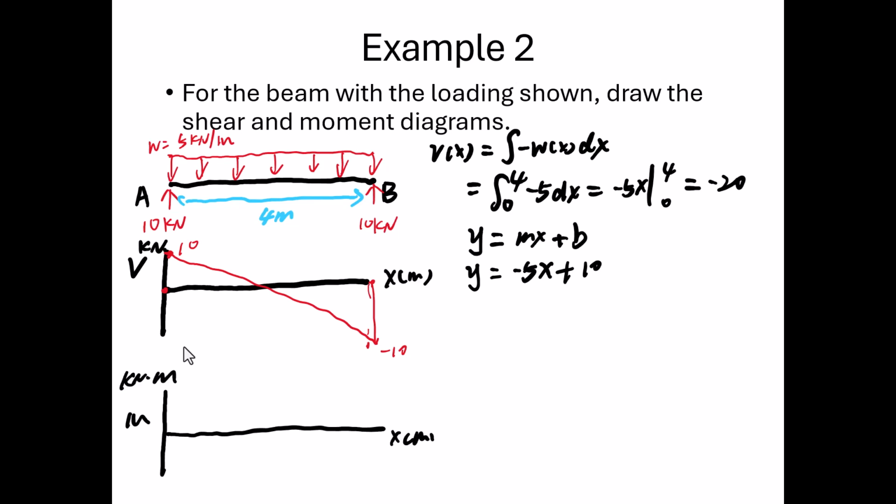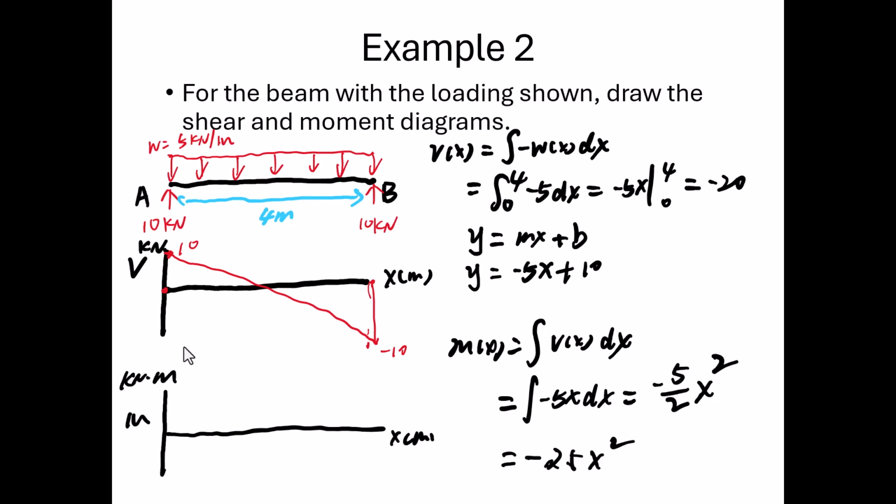And also the moment diagram is the integral of the shear, which is here. So our moment diagram is -2.5x squared plus 10x. It starts from 0 and ends with 0.